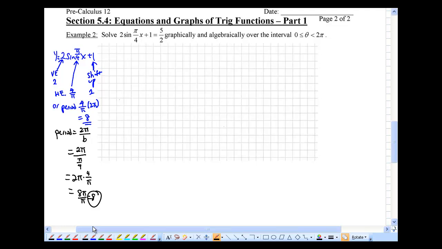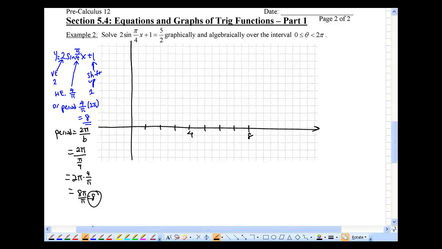Okay, so I guess I need to graph this out. I guess I need to make axes here. Let's start here. Let's go here. 8, right? 1, 2, 3, 4, 5, 6, 7, 8.